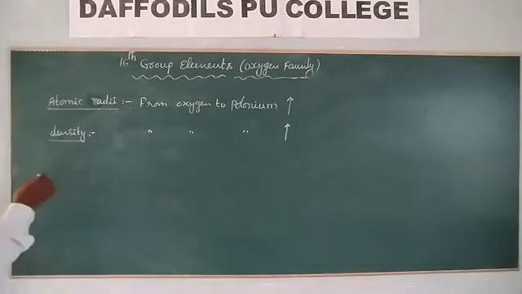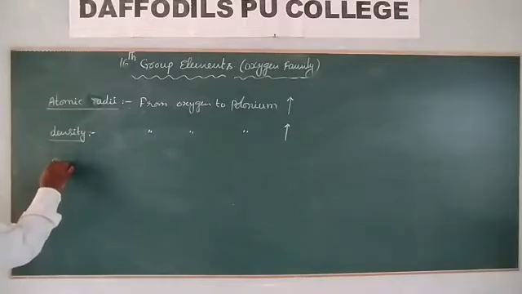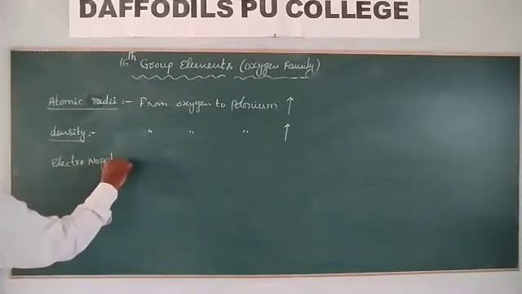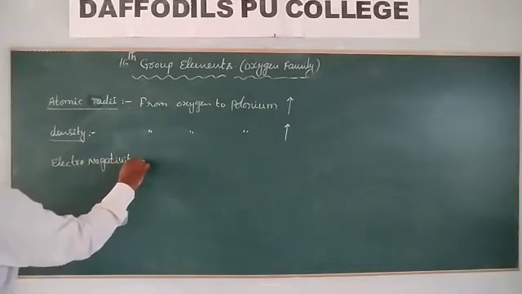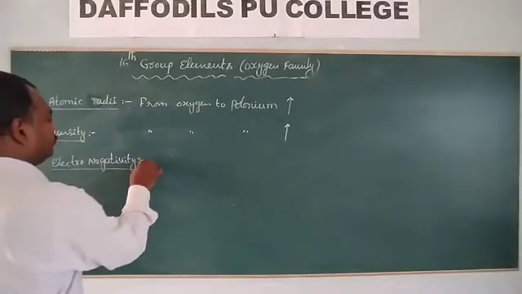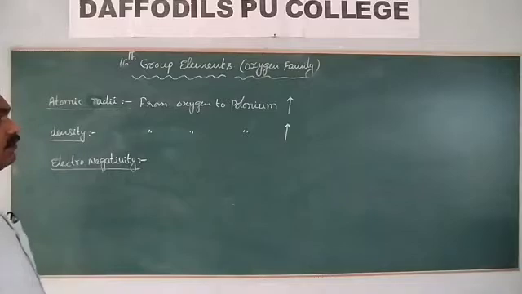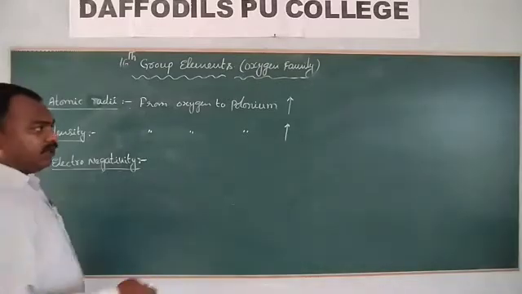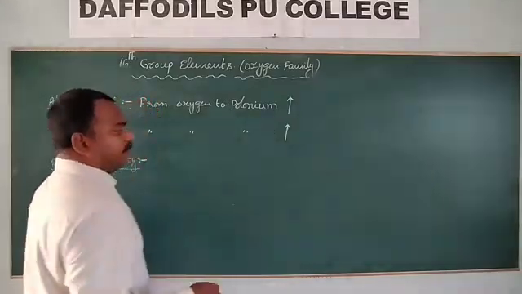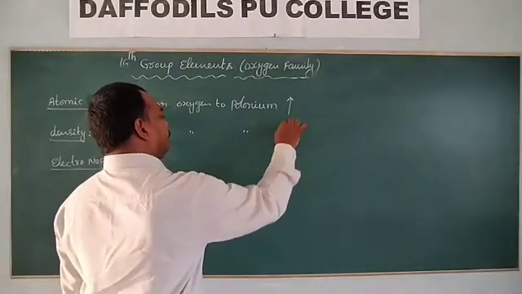Next, electronegativity. Generally, what happens from top to bottom? Electronegativity decreases from top to bottom.